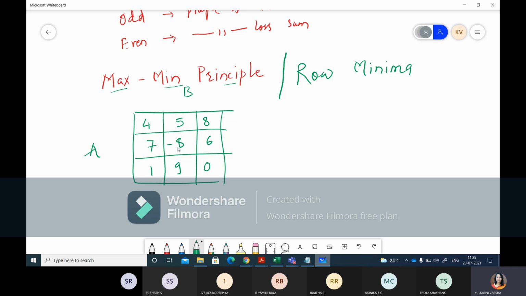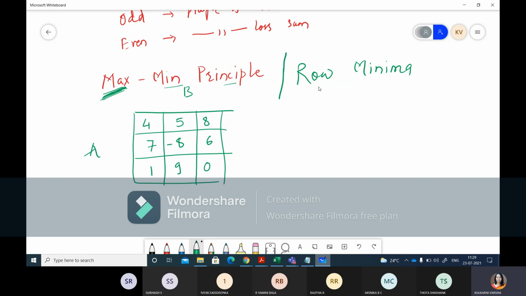We are always drawing this payoff matrix in terms of player A. He will always try to maximize the gain from whatever minimum he is getting. So he will find a minimum value from each row as the least gain, and from that he will find the maximum gain.